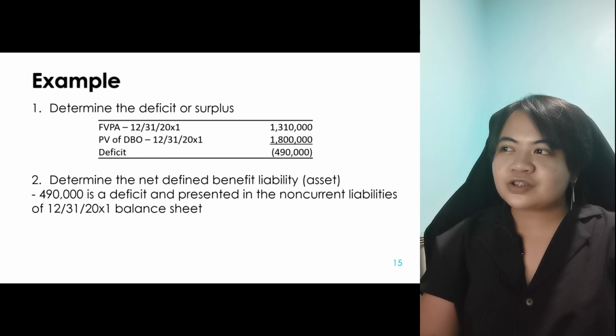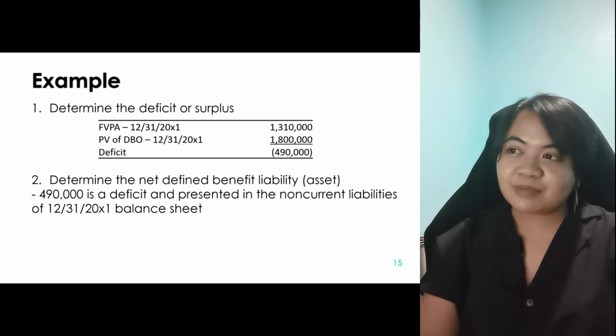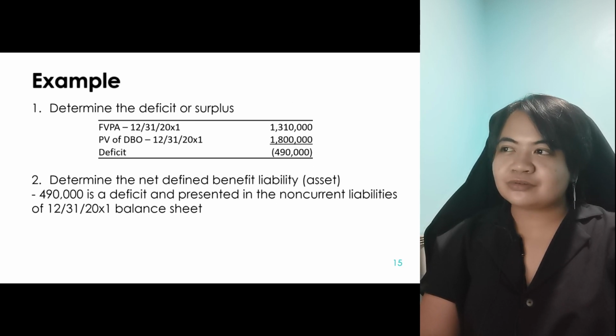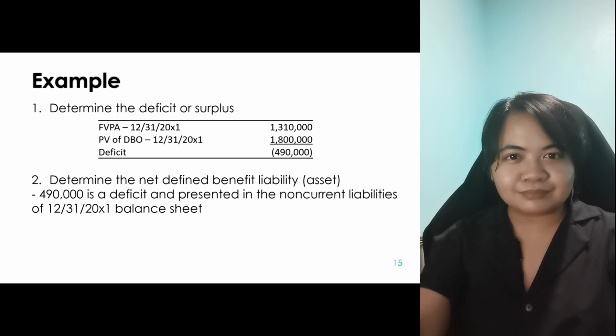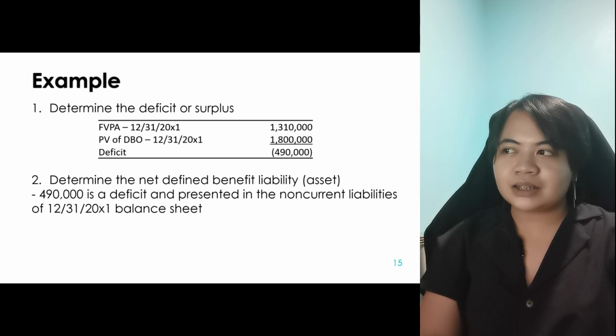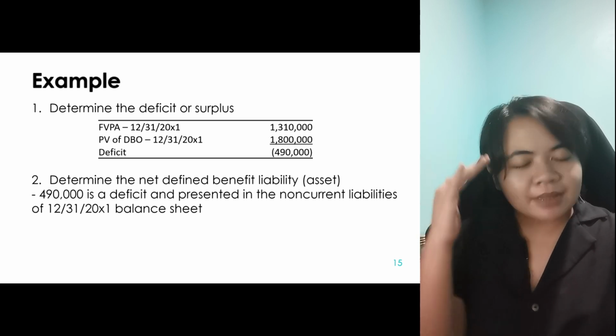Okay. So, first, we have to determine the deficit or surplus. Kasi meron na tayong ending balance. You don't have to T-account it anymore. So, banggain mo lang. FVPA, ending balance, 1,310. And then PV of DBO, ending balance, 1.8. You have deficit of 490. Ma'am, bakit deficit?